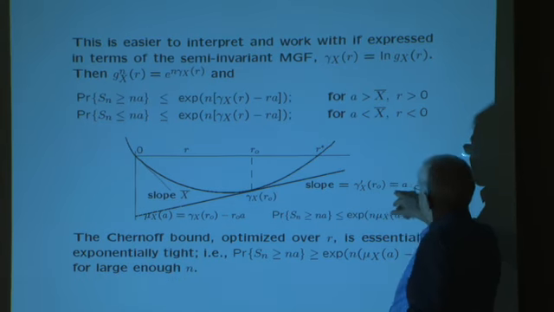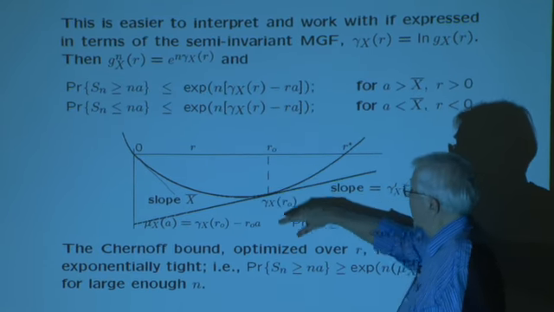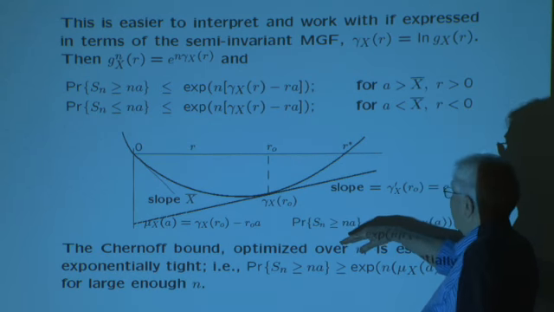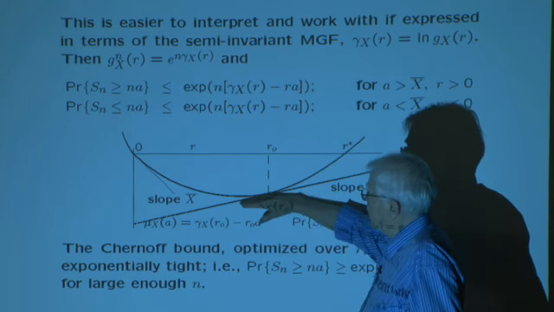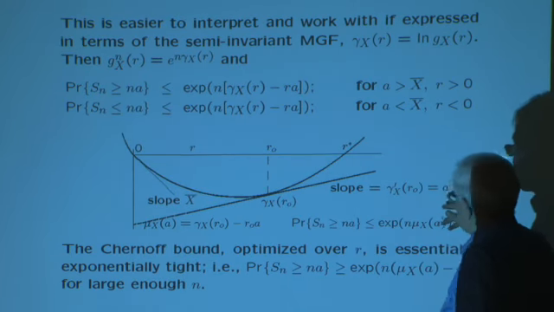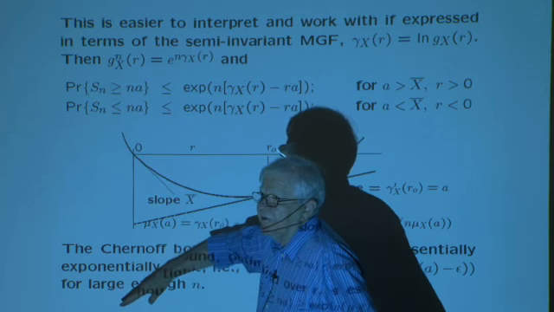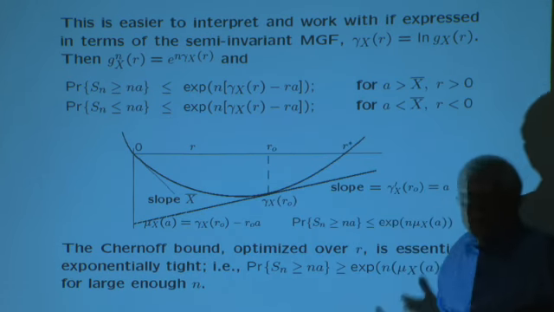A determines the slope of this line here. If I use a smaller value of a, the slope is smaller. It hits in here. If I take a larger value of a, it comes in further down and the exponent gets bigger. That's not surprising.